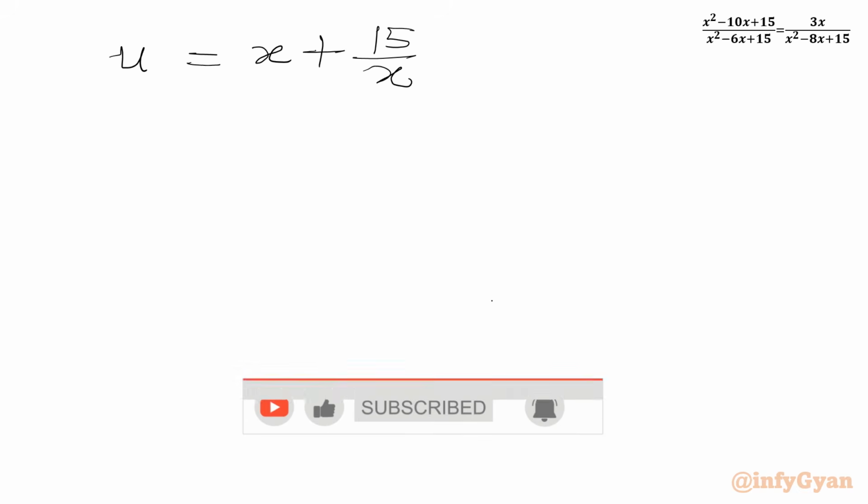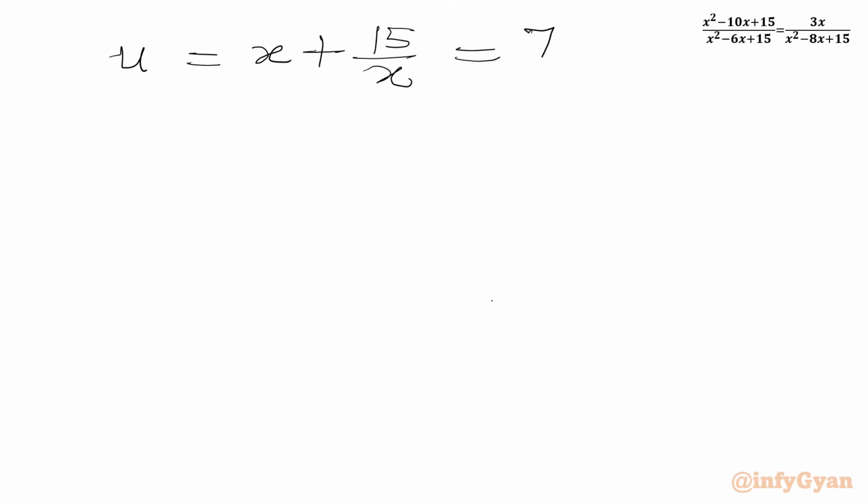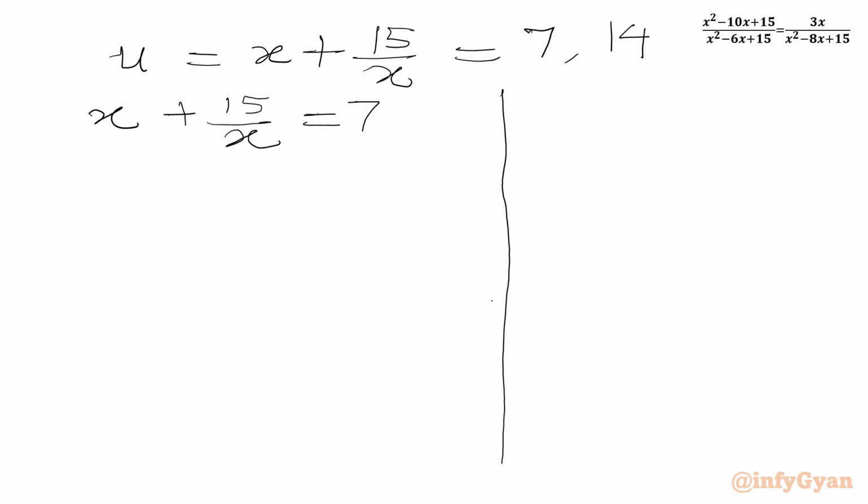Now u was our substitution. So if I write here u equal to x plus 15 over x equal to 7 and 14, we will be writing two equations here: x plus 15 over x equal to 7, and the second equation, x plus 15 over x equal to 14.